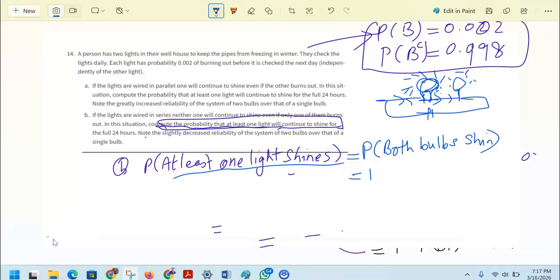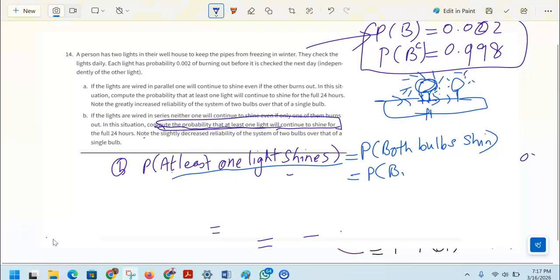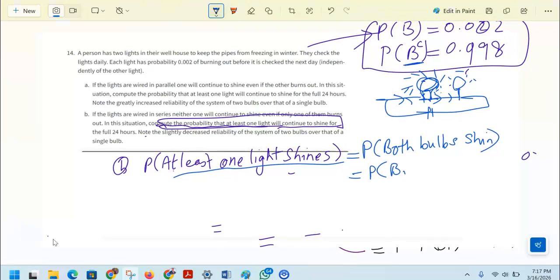So this means the probability that the first bulb shines, B1, and the second bulb, B2, also shines. That's raised to C. So remember this piece is the probability of B.